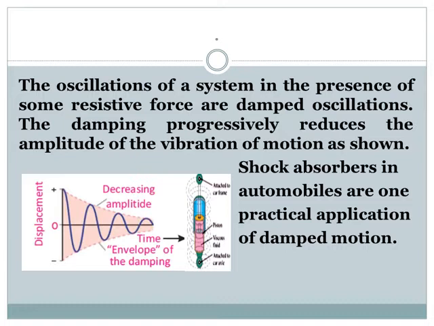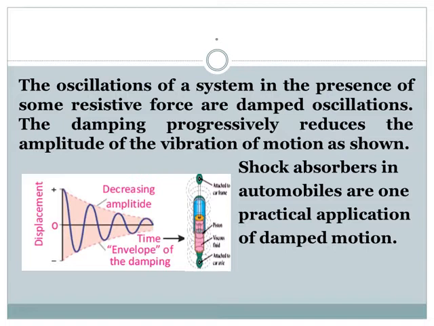Shock absorbers in the automobiles are one of the practical example and application of damped motion. One end of the shock absorber is attached to the car frame, whereas the other end is attached to the car axle. Between these 2 points, there is a piston which is present in a viscous fluid or oil.